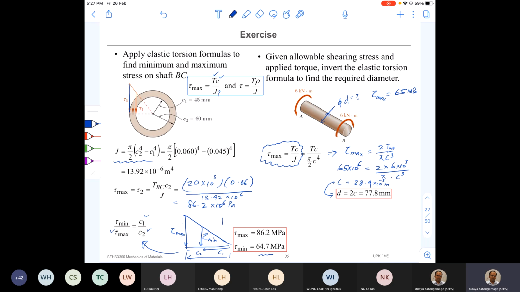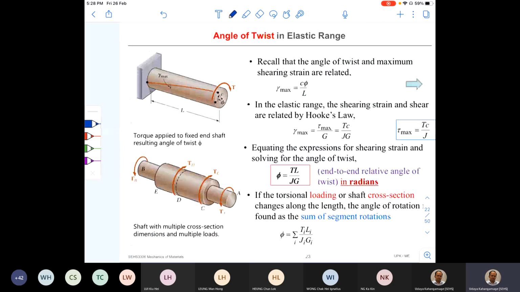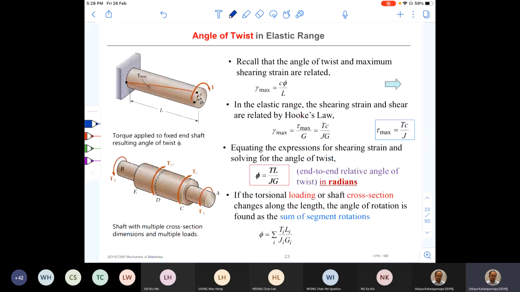Okay, so that is about the shear stress resulting from applied torque. Now I would like to introduce another concept, how to estimate the angle of twist. Again, in the elastic range, how to estimate the angle of twist using known values like the applied torque, geometric details, and material properties.